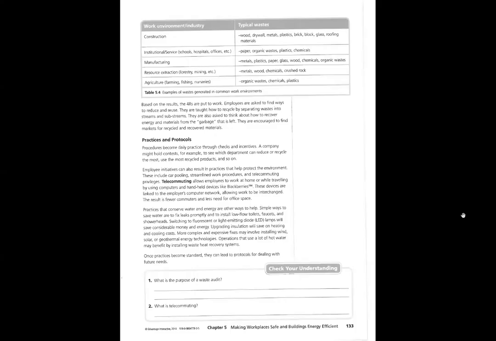Fluorescent or LED lamps, right? We've talked a lot about those. CFL light bulbs that save money and energy, and sometimes offices have a lot of lighting, so this can be a huge saving. And just updating buildings in general could be insulation, windows. We've talked a little bit about this before.